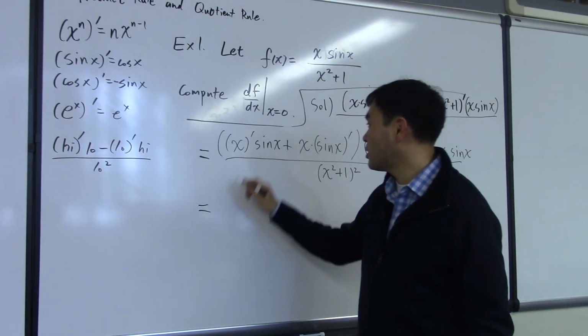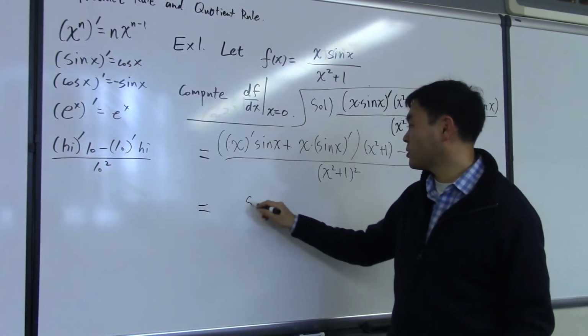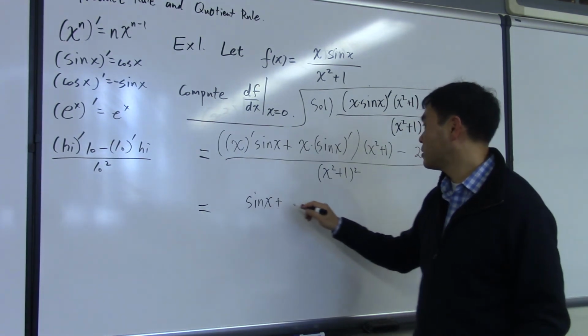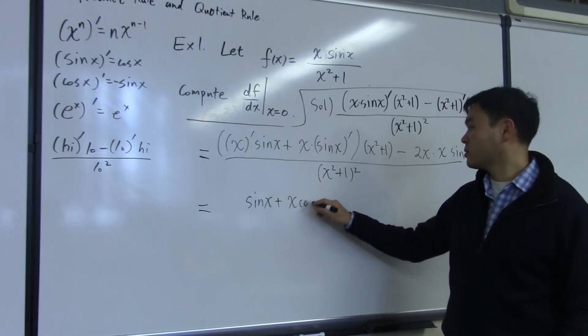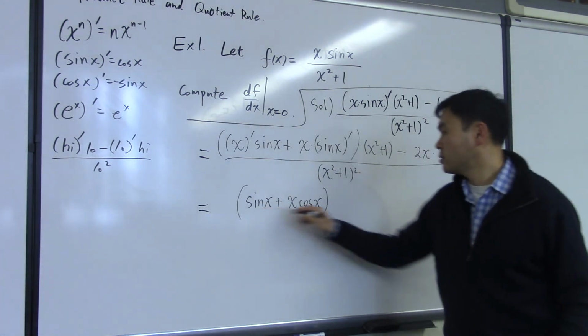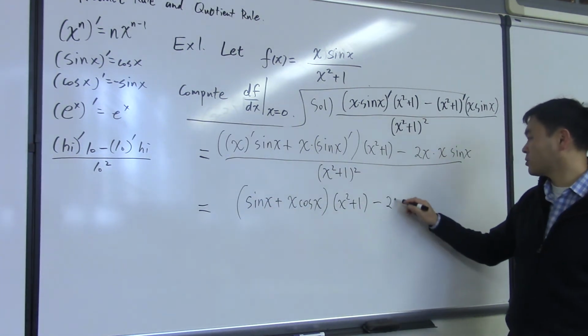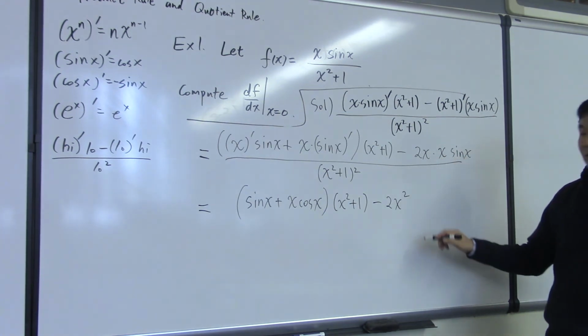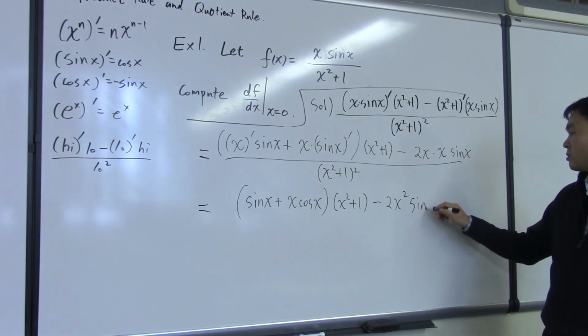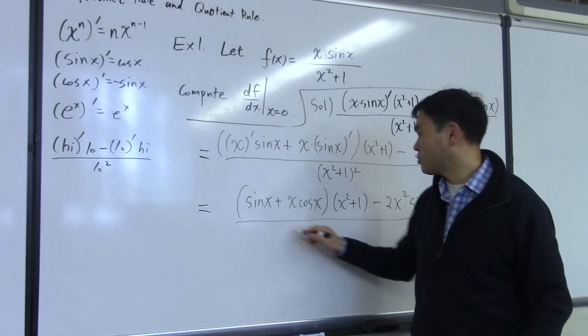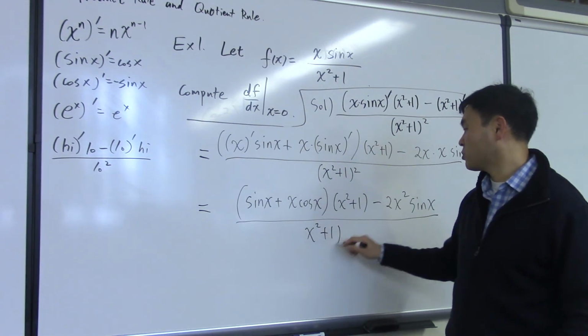Now let's continue on. This is 1, so that's just sine x, plus x cosine x, times x squared plus 1, minus 2x squared, because x times x is x squared, sine x, over x squared plus 1 squared. Okay.